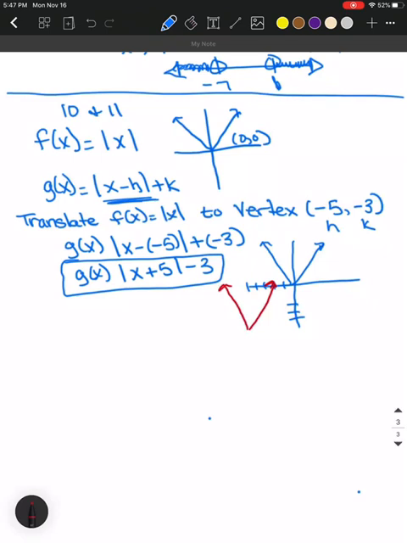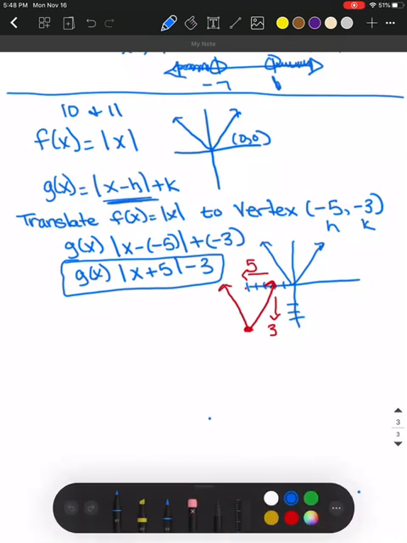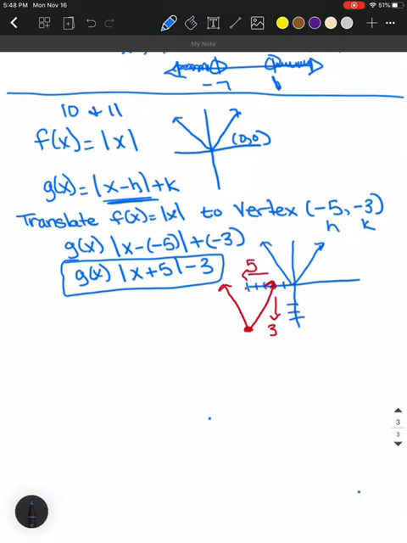I moved it left 5, and then down 3. So that's that point, -5, -3. So that's number 10. And our last one, number 11. Let me go back to blue.